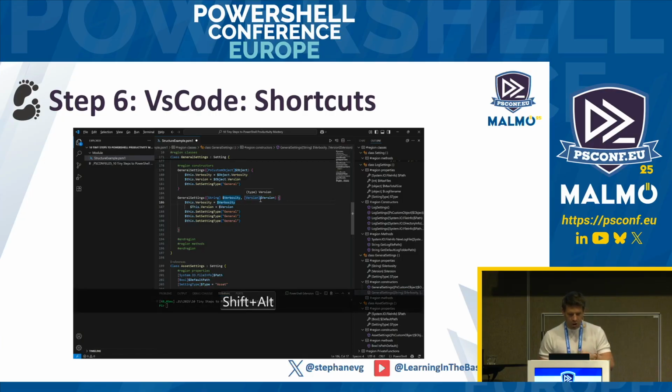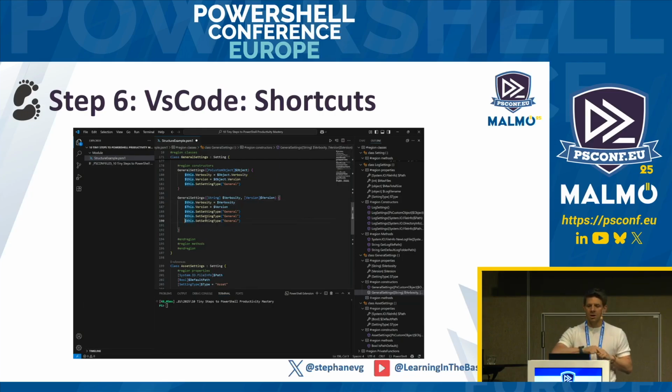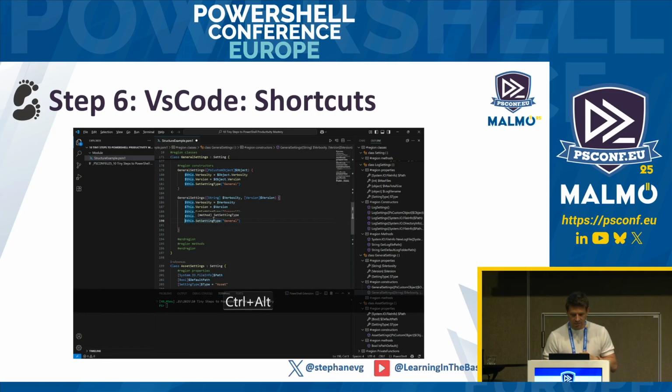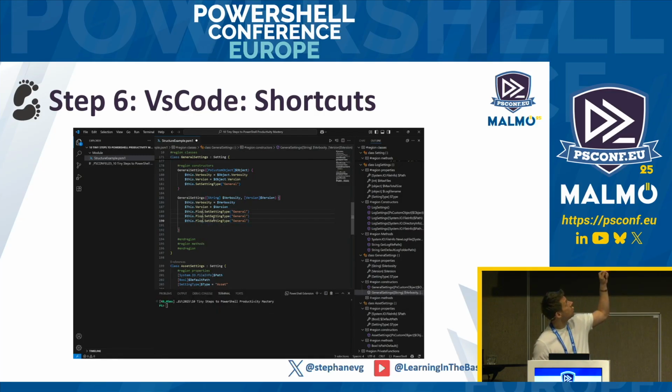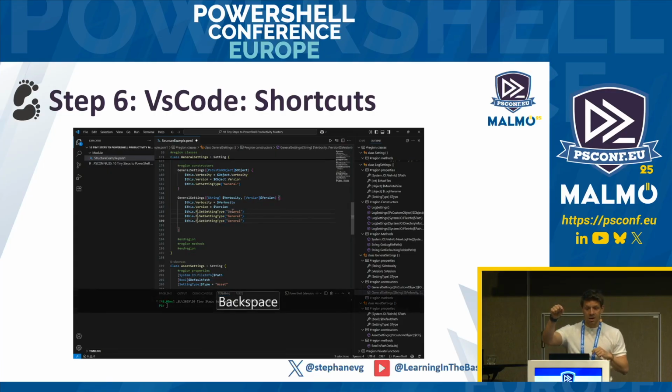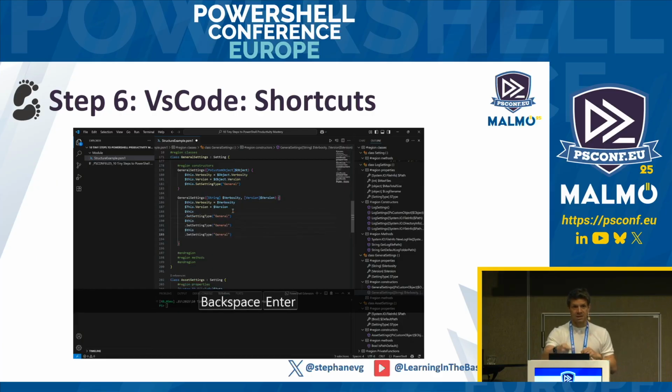If you do Control Alt F, you format your code using the coding style that you have defined, as an OTBS. And then with Control Alt Up and Down, you can select one or more lines at the same time and modify multiple lines at once. See, I added plop here, like I made a mistake.